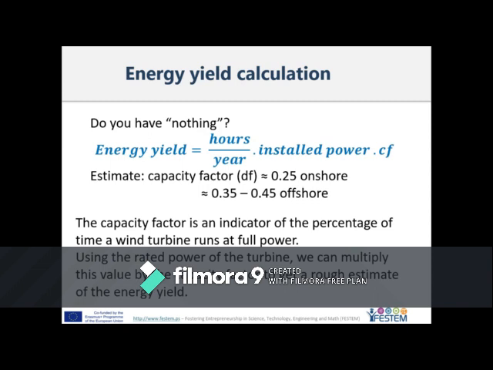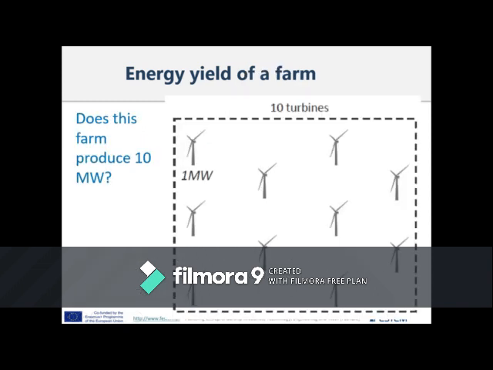That means, during the day or the 24 hours, how often the turbine runs at full power. Using the rated power of the turbine, we can multiply this value by the capacity factor to get a rough estimate of the energy yield.